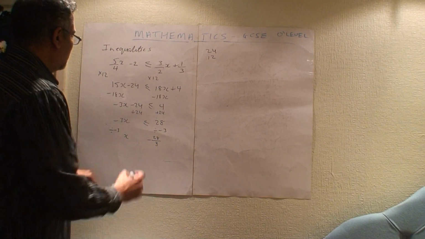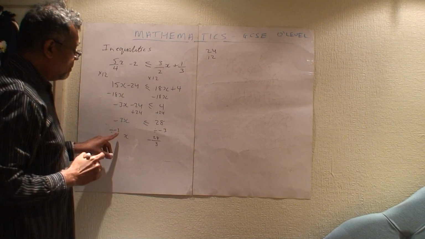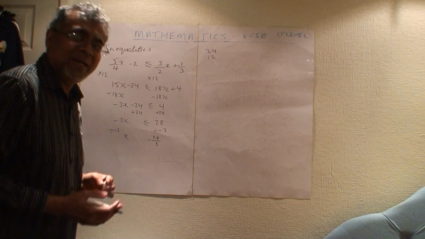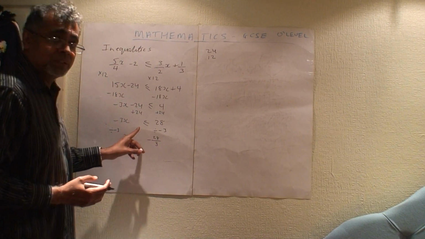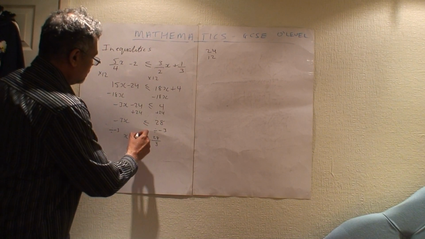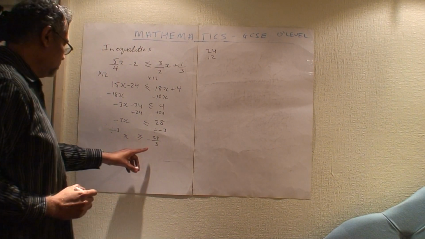But when we are dividing by a minus, the laws of inequality say that you change the direction of the inequality. This says less than or equal to, so it changes to greater than or equal to.